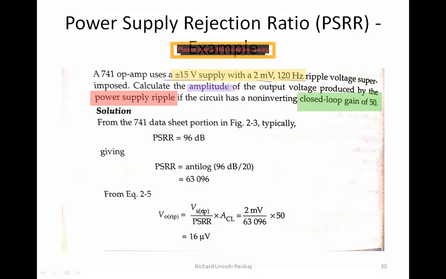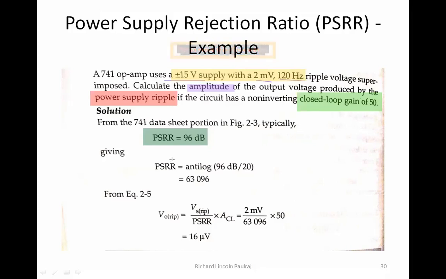Just like the previous problem, we know that the PSRR is about 96 dB. Some of these things are very much required and you will have to remember them. If not, then I will put them up in the question. Consider the PSRR to be about 96, so that should be useful.